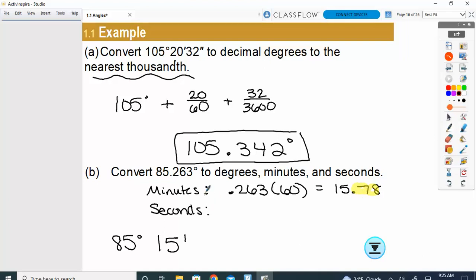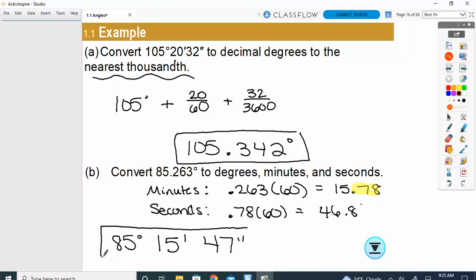How many seconds are in a minute? 60. So we're going to take the 0.78 times 60. So essentially you just multiply the decimal times 60 each time. And that gives me 46.8 seconds. We will round that to the nearest whole second, so that would round to 47 seconds.